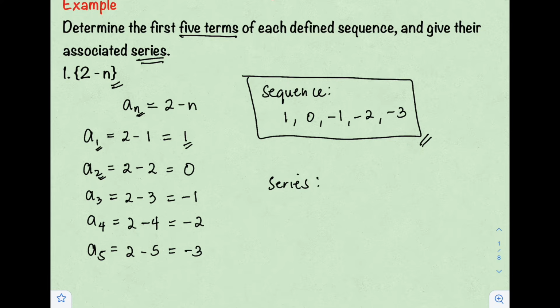So, sabi natin kanina, ang series is the sum ng lahat ng terms ng ating sequence. So, that will be 1 plus 0 plus negative 1 plus negative 2 plus negative 3. Okay, so ang series natin ngayon is equals to negative 5.